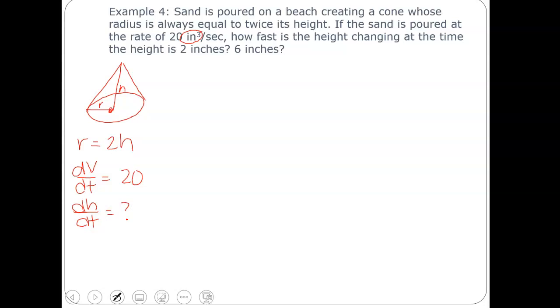How fast is the height changing at the time when the height is 2 inches and when the height is 6 inches? Volume of a cone is 1/3 the volume of a cylinder. So it's 1/3 pi r squared h.